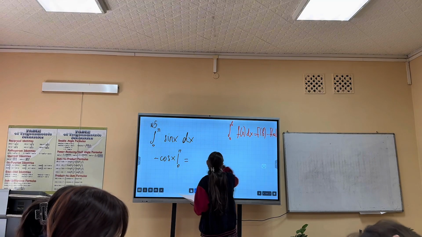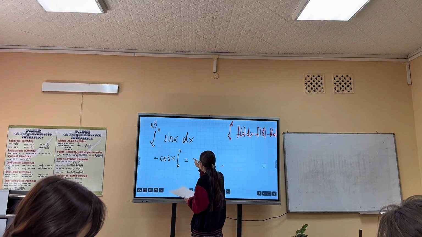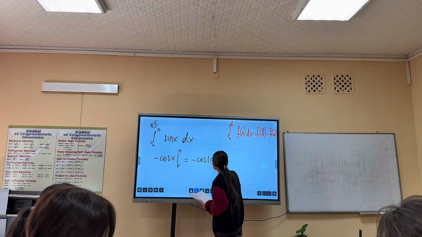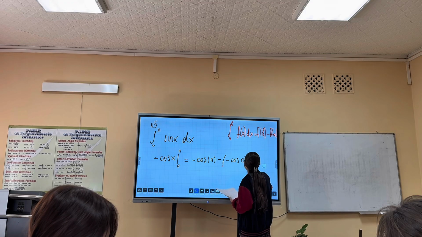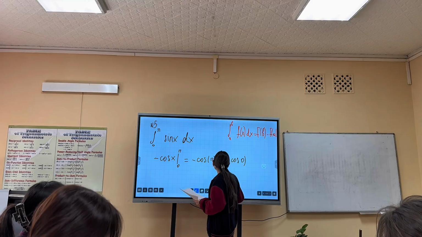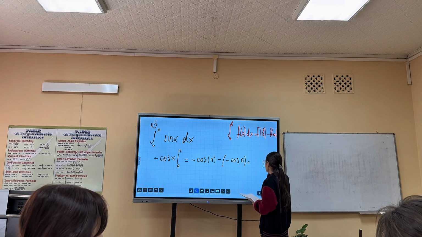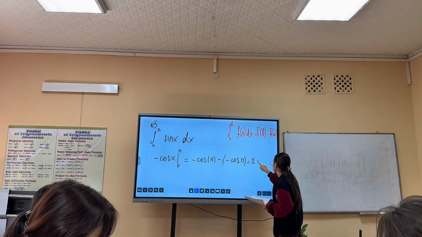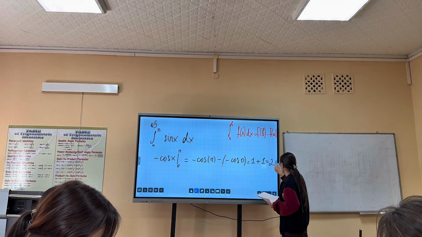Then we use this, so b here is pi, and we write cosine pi and minus, in the brackets, minus cosine 0 as a limit of this function. So as a result we got cosine pi equals minus 1, and this minus gives us plus. Cosine 0 will be 1, so 2. So the answer is 2.